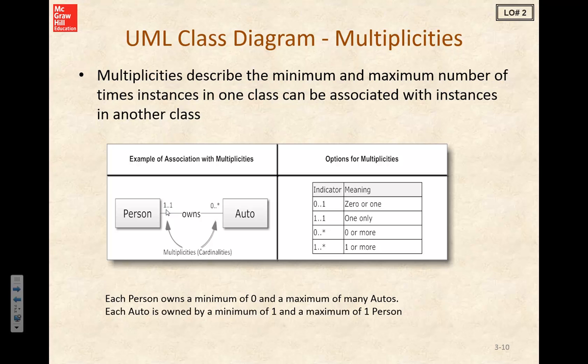So that's what we're looking at here. Some other options for multiplicities: we have 0 to 1; 1 to 1, which means there is only one; 0 or more would be seen with a star, or 1 or more would also be seen with a star.